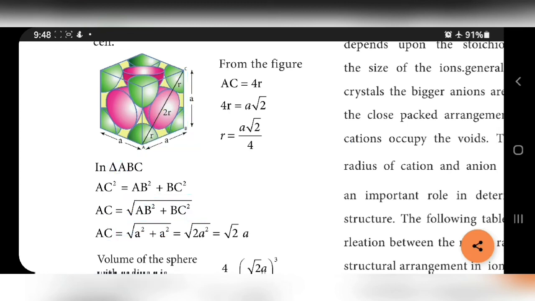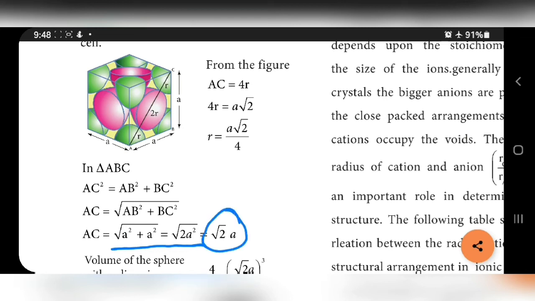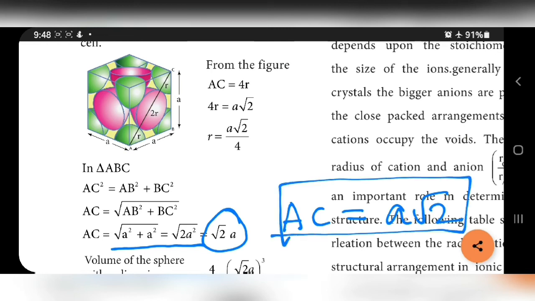So AC is equal to square root of a square plus a square, that is 2a square. If a comes out of the square root, you will get a root 2 or root 2 a. So from this equation we know AC is equal to a root 2.